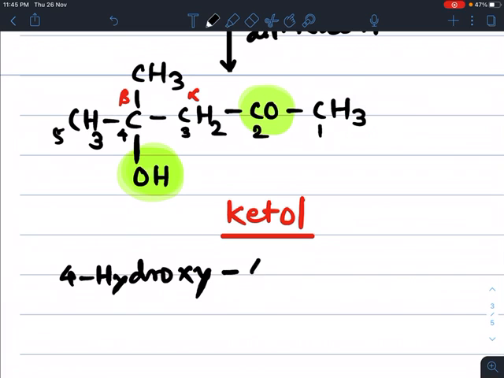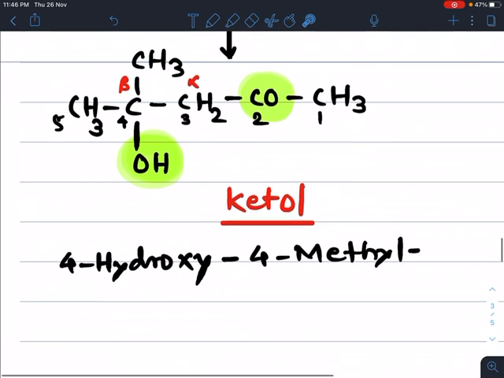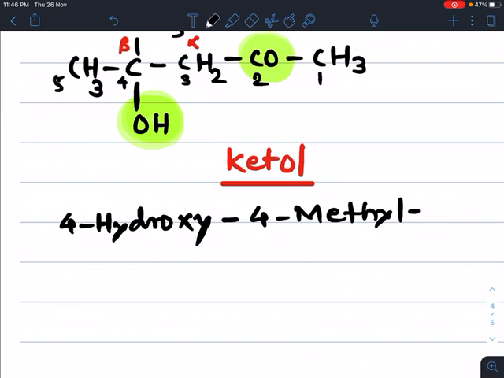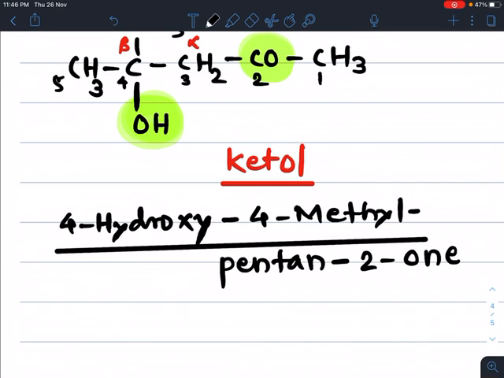So 4-hydroxy, 4-methyl, and at position 2 the ketonic group is present, with a 5 carbon straight chain, so pentane, at position 2 ketonic group, pentan-2-one. So this is the correct name for the intermediate compound, 4-hydroxy-4-methylpentan-2-one.